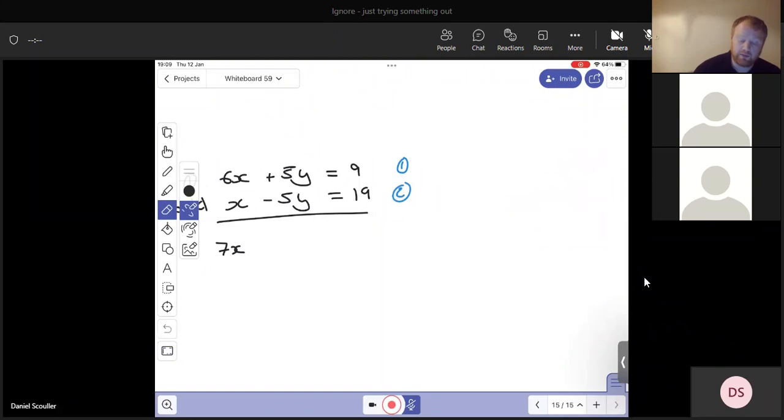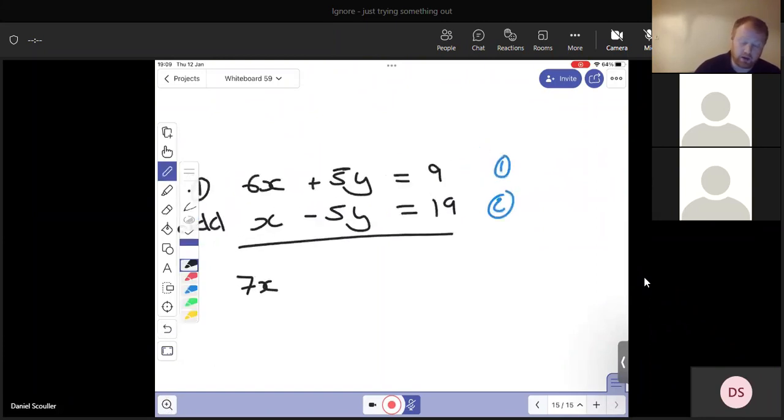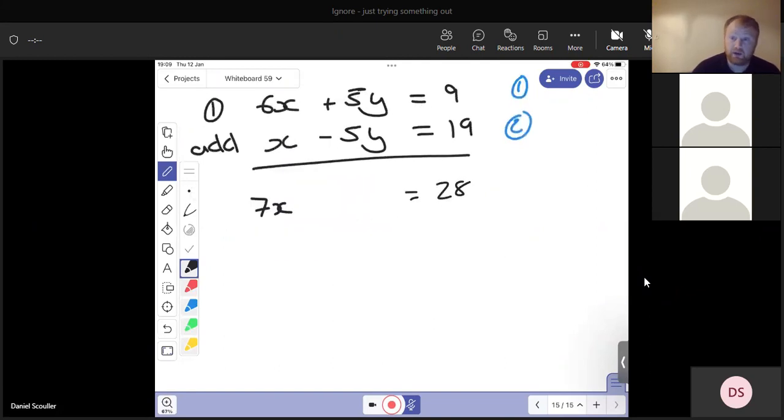So if I add both those terms together, it eliminates that. Add both the last terms together, 9 plus 19, it's going to give me 28. And then we can solve for x. So x is equal to 28 over 7. x is equal to 4.